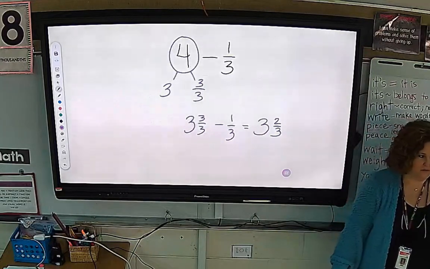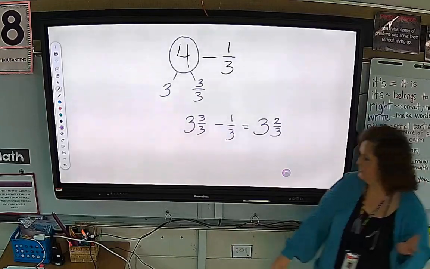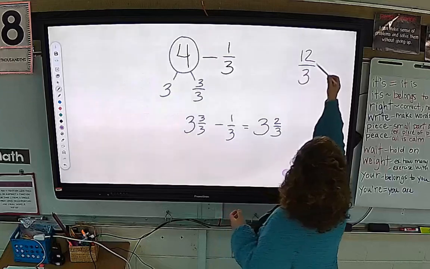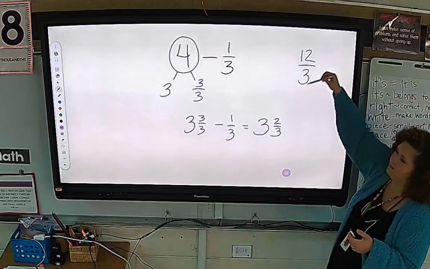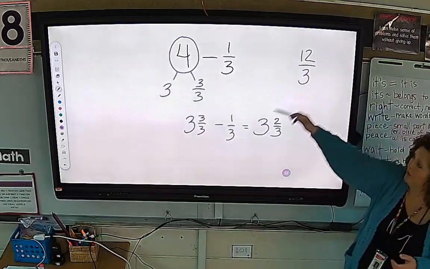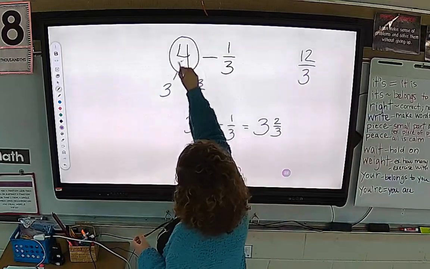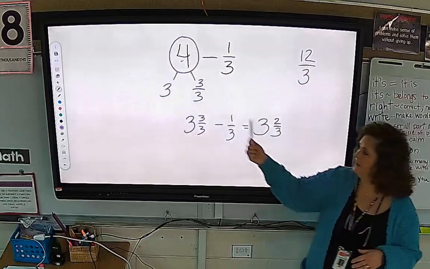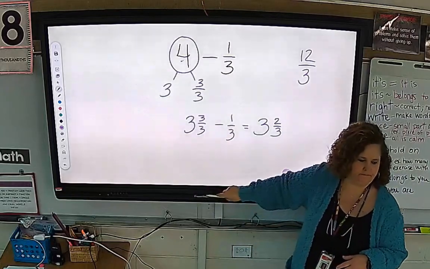What's 12 thirds? 4 times 3. 12 thirds, look at it. That's really a division symbol. 12 divided by 3 is 4. Ding, ding, ding. In other words, if I add back the 1/3, will I get 4? Yeah. Okay.